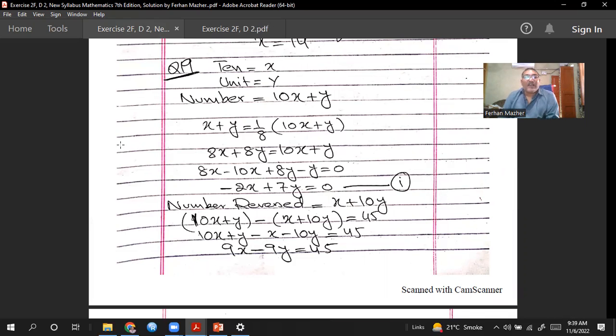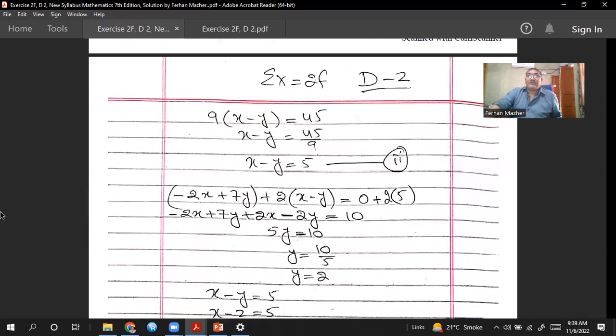So 10x plus y minus, in brackets, x plus 10y equals 45. So 10x plus y minus x minus 10y equals 45. So 9x minus 9y equals 45. Divide all of them by 9, or you can take the 9 common. So x minus y equals 45 by 9. So x minus y equals 5. That's my second equation.